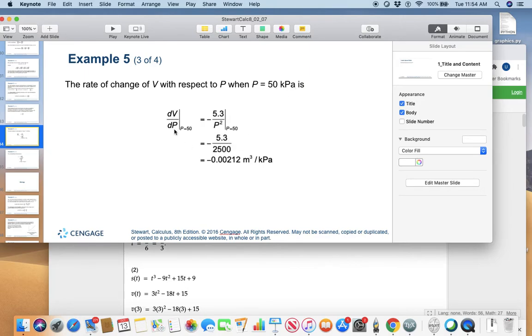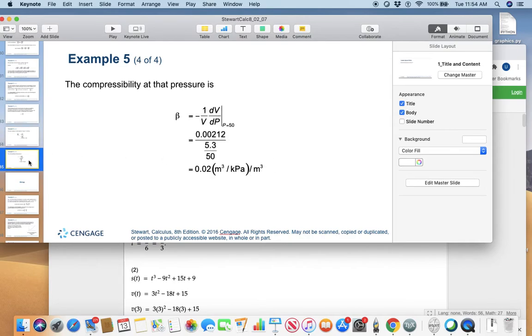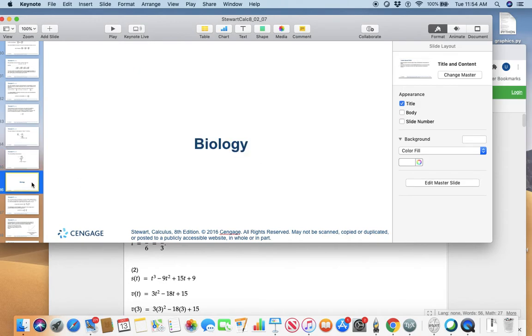So you get dV/dP as such meter cubed per kilopascal. So beta, which is the compressibility, is negative 1 over V dV/dP at the given point. So you are simply substituting the value. V is this. All right, so that is your answer.